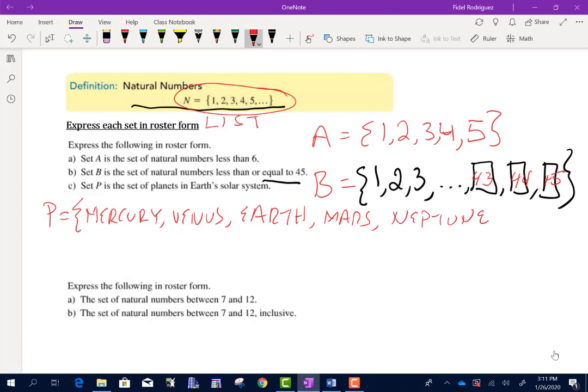I don't even know if I'm going in the right order anymore, but let's see. Jupiter, Saturn, Uranus, no bad jokes, and let's see, Pluto. And I think that's all of them. 1, 2, 3, 4, 5, 6, 7, 8, 9. There we go. We got 9 of them, right? Okay, so there's our set P.